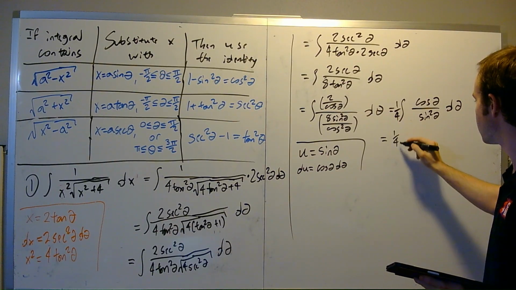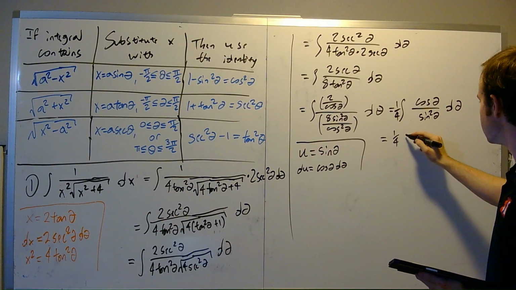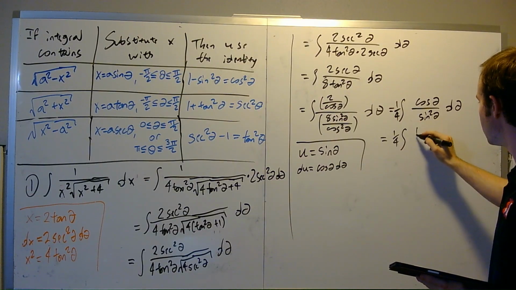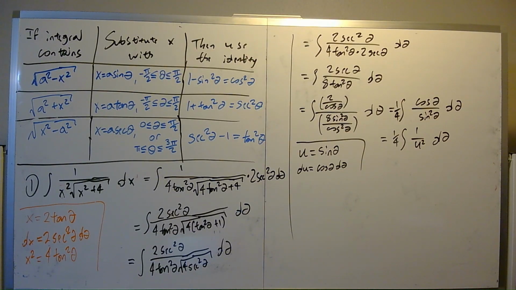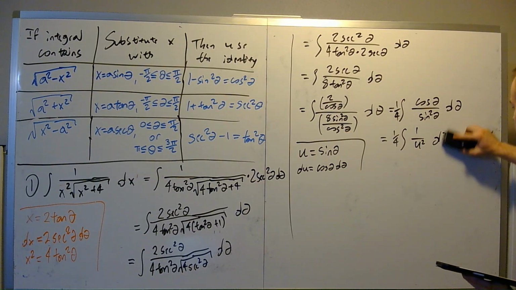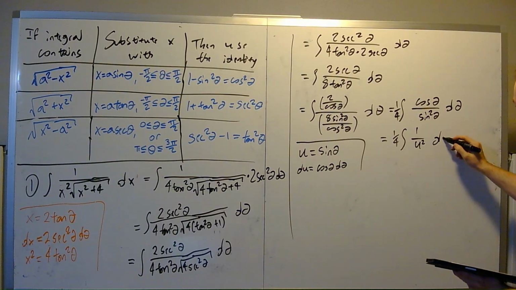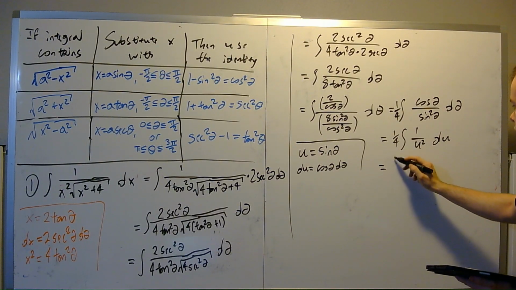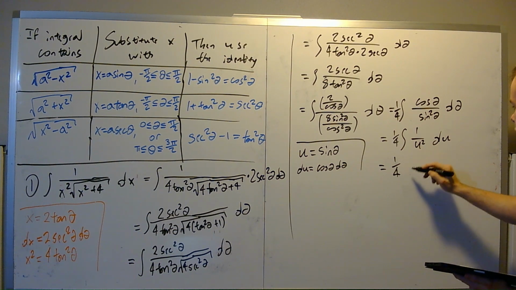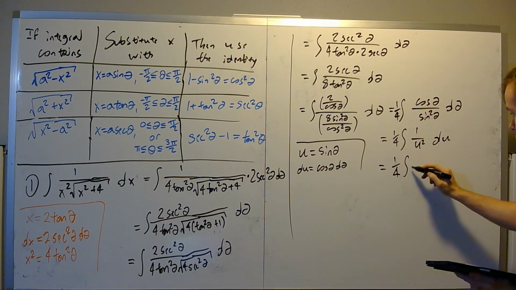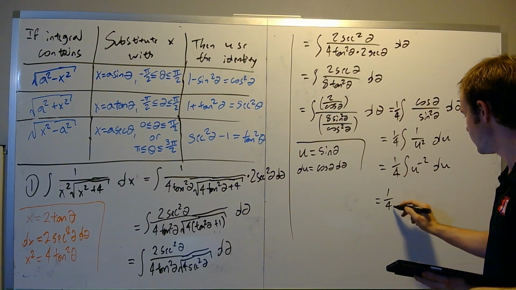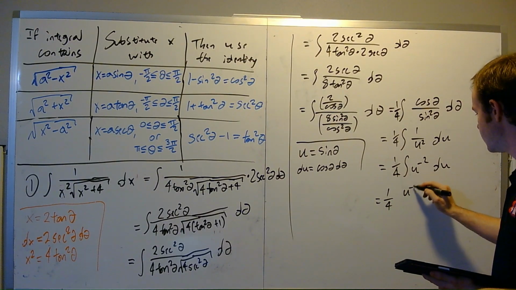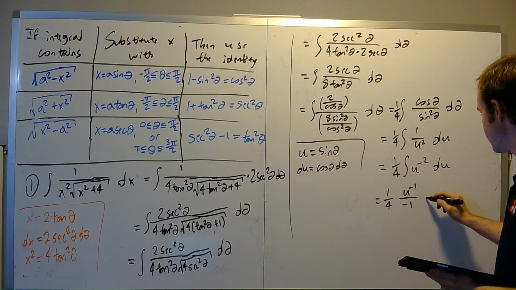This is going to become 1/4 times the integral of 1 over u squared du, right? Because this cosine theta d theta just becomes, sorry, this was supposed to be du. Then we take our integral, we get 1/4 times the integral of u to the -2 du. We take our integral, and we're going to get 1/4, we add 1 to that number, so u to the -1 over -1 plus c.